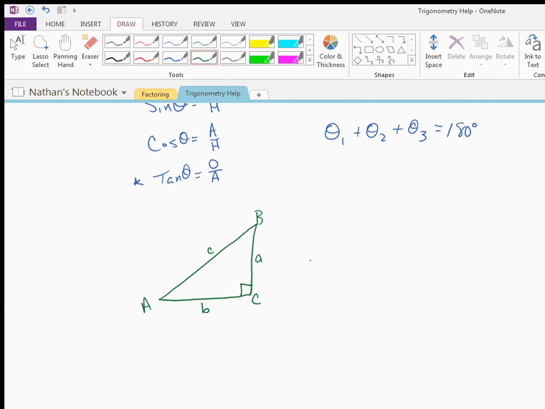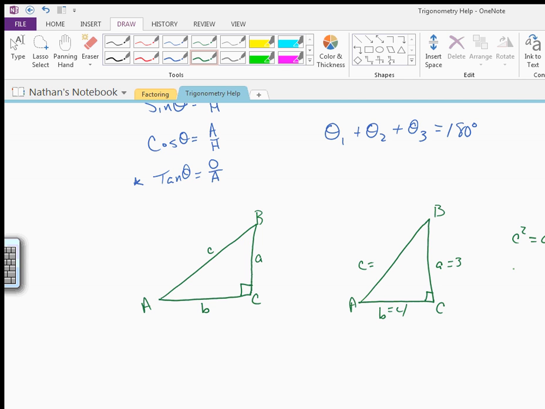But in this case, let's look at a simple problem where we're given a right triangle with three sides, and we know that side A is equal to 3 units, B is equal to 4 units, but we don't know what C equals. Well, this is where Pythagorean's theorem comes in handy.